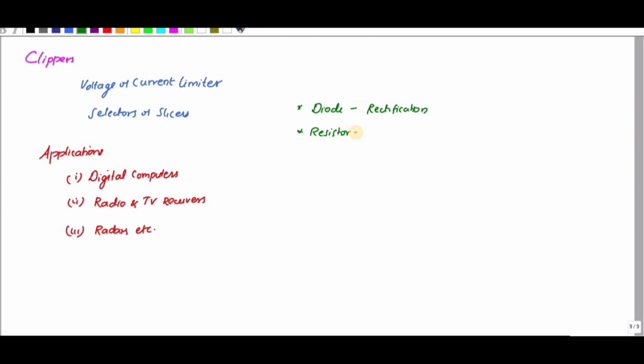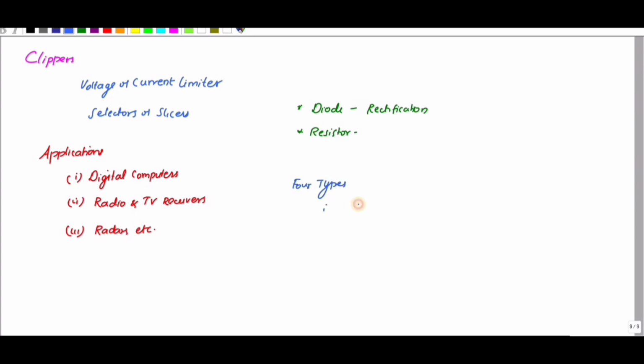It acts as a current limiting device. Then we require a power supply and an input. We can classify clippers into four categories.